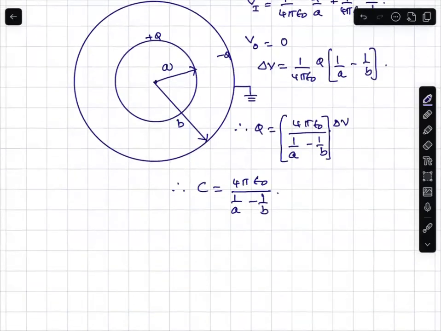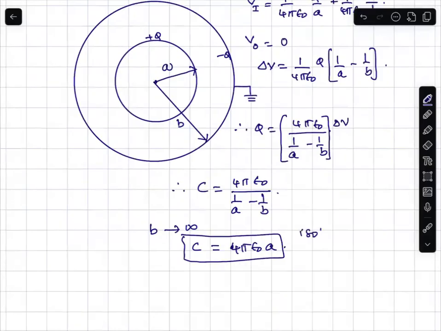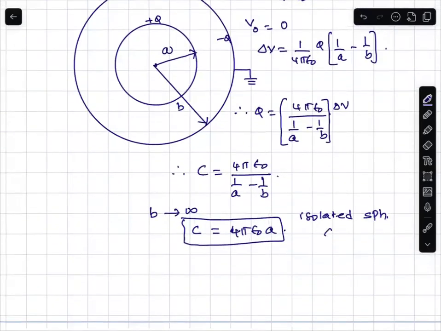As b increases, say b tends to infinity, what happens? C will become 4 pi epsilon naught a. This is called the capacitance of an isolated spherical conductor.